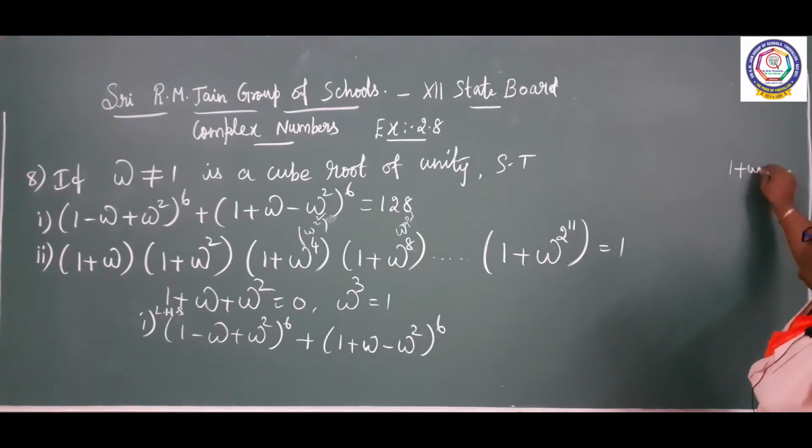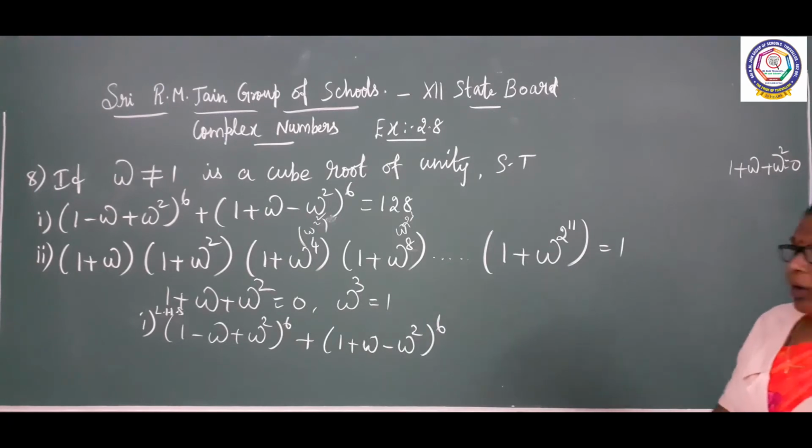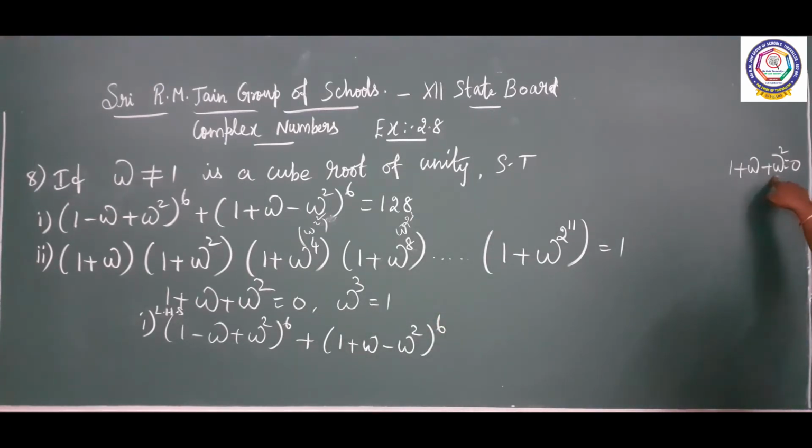So 1 plus omega square equal to minus omega, and 1 plus omega equal to minus omega square.